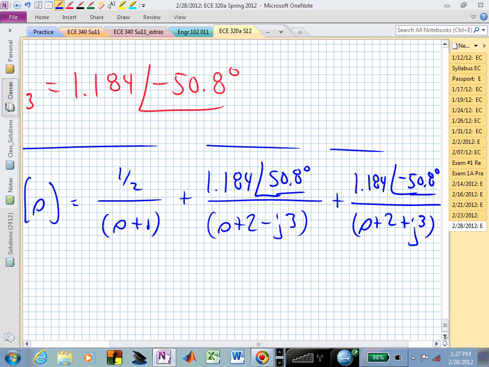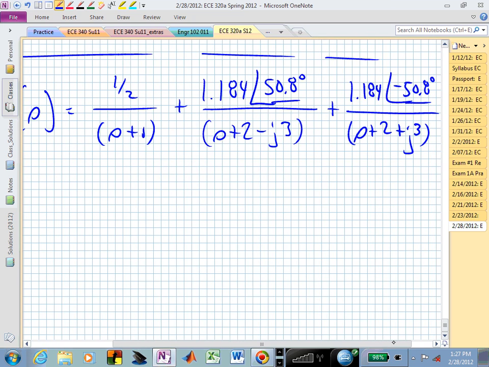That's the partial fraction expansion of capital F of S.